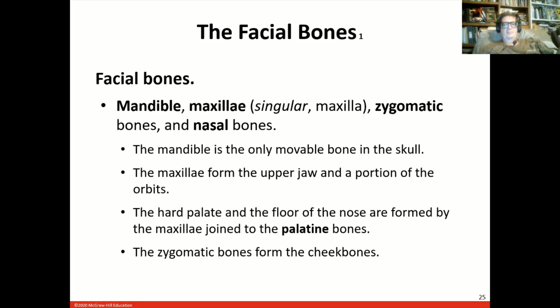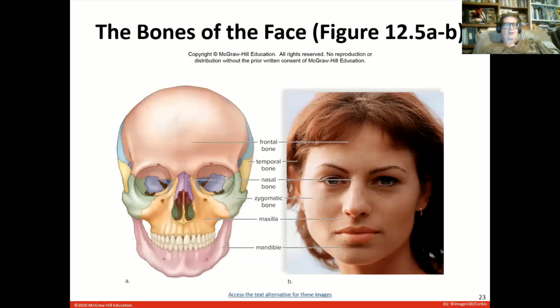Anyway, let's back up so you can see the zygomatic. Here you have the maxilla. You can see how it's not just the upper jaw, it's this huge piece of the face. And then this green, this is your zygomatic bone or zygomaticus. It's part of the eye socket.